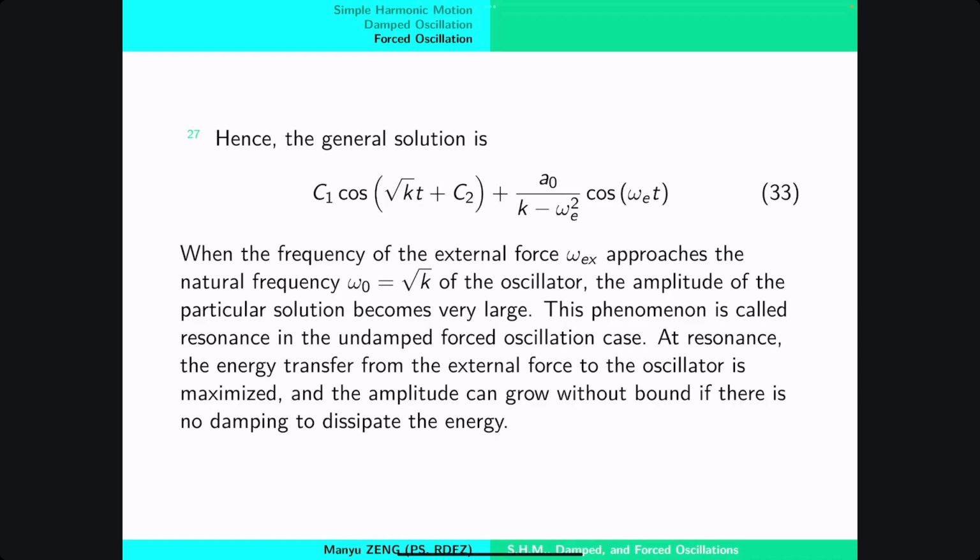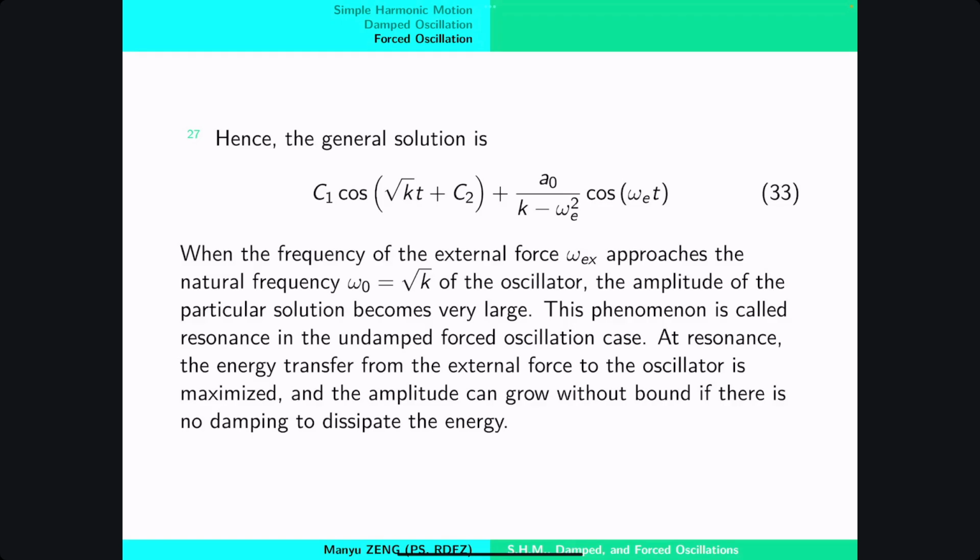Because the system has more and more energy, it will increase its amplitude larger and larger, and if you can maintain the force, it will have its amplitude larger and larger, and it finally becomes infinity if there's no damping. So this is called resonance.